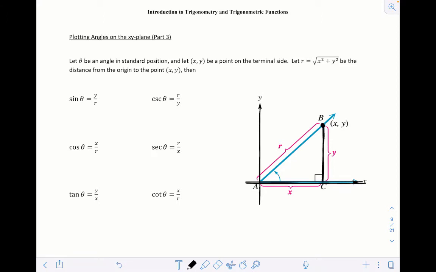That distance is y, and from there to the origin would be your value for x, and then now the hypotenuse becomes what we're calling here the r value. But essentially, this is still a right triangle, and so we can apply those same definitions for trig functions. And we can still continue to use the Pythagorean theorem when we need it.